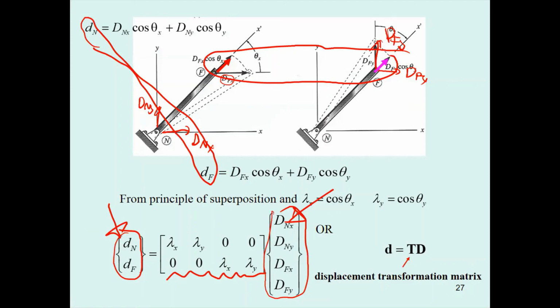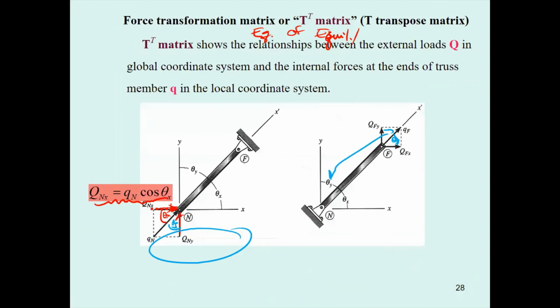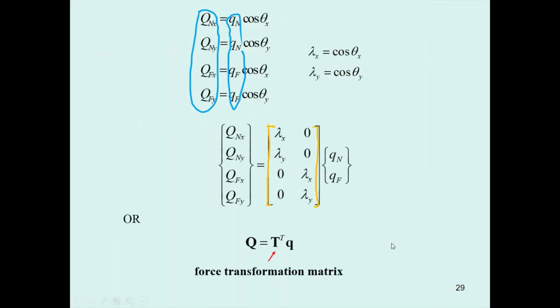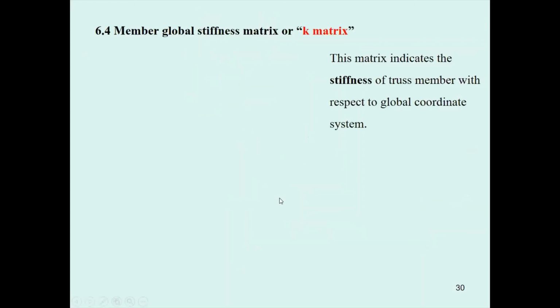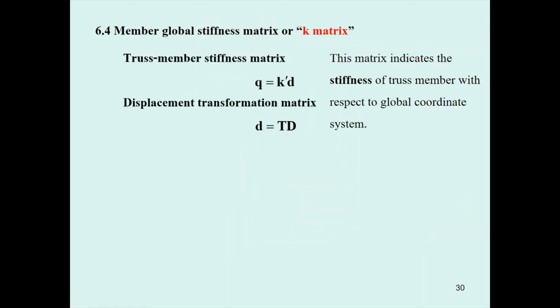Another one that we get is called the force transformation matrix. They are transpose of each other. We call it transpose, and we just put the symbol into it. What is meant by transpose? The row turns into the column, and in the opposite, the column turns into the row. They are transpose of each other.